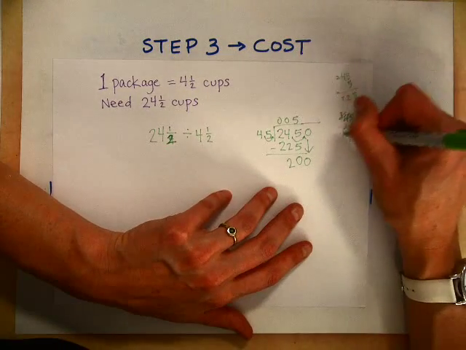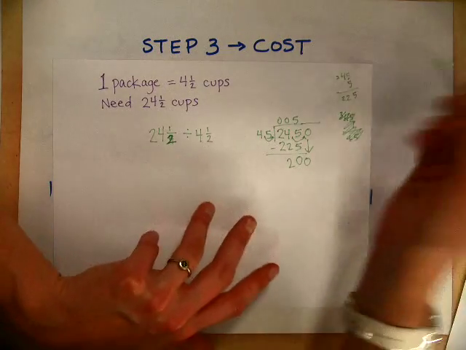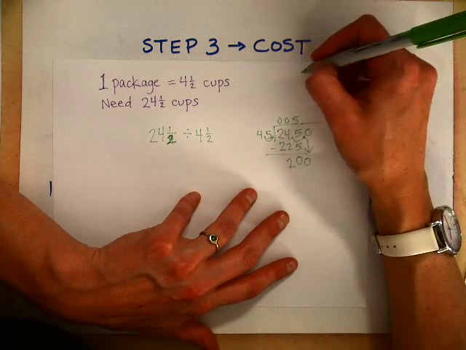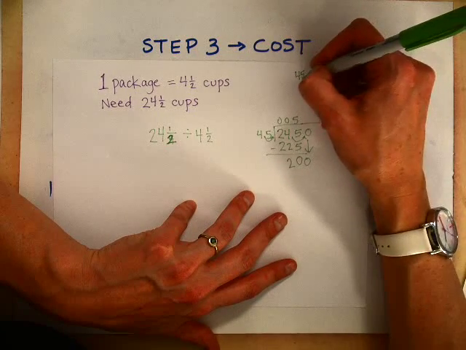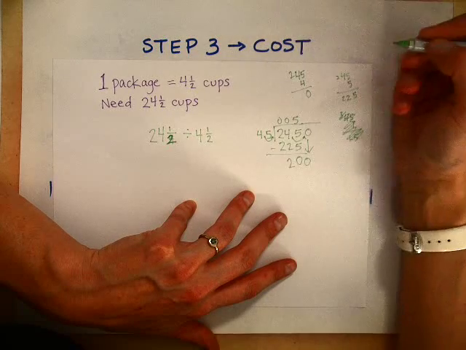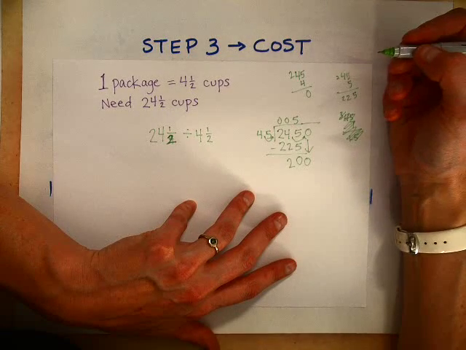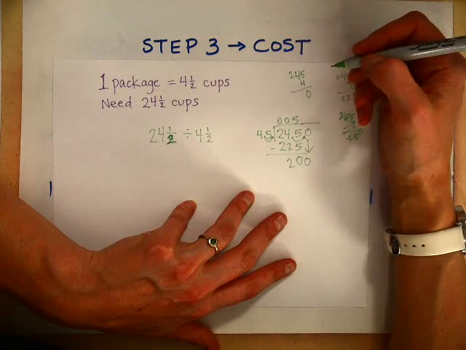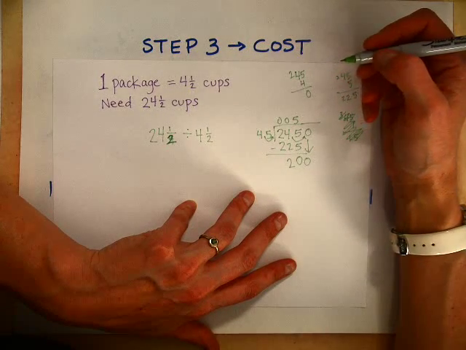It can't be 7. Crazy teacher lady. Maybe it's 4? I think it's 4. 45 times 4... Why am I doing bad math right now?